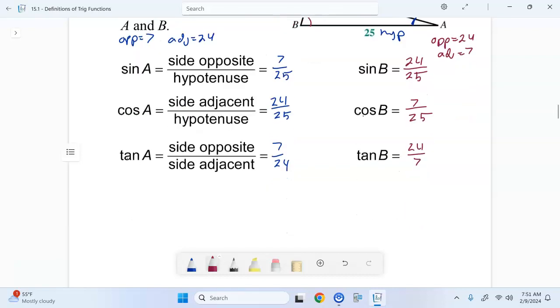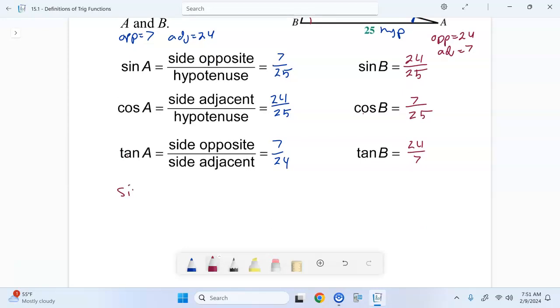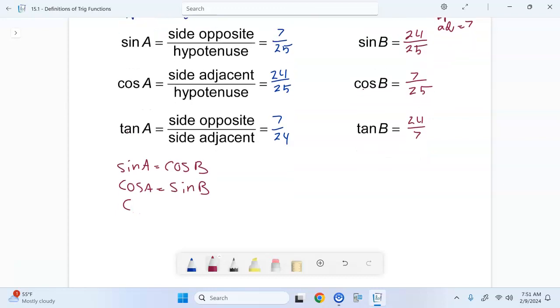A couple things that we're going to explore a little more. So sine of A is equal to cosine of B. Cosine of A is equal to sine of B. Okay? And tangent of A. Okay?